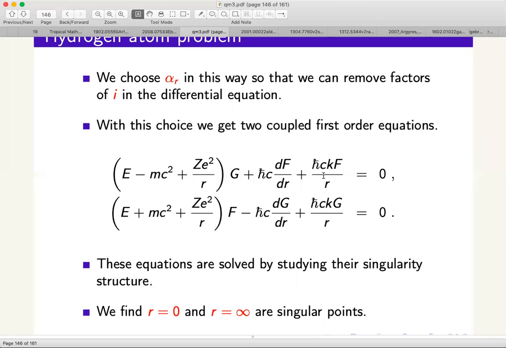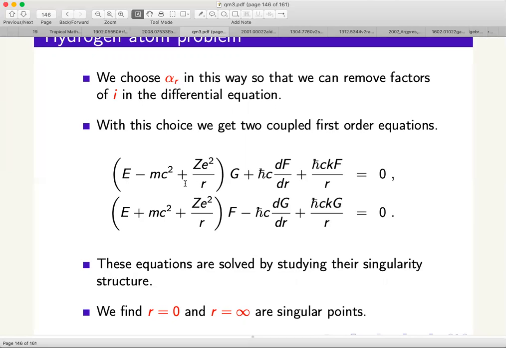Yes, sir. So if these functions are well behaved at a particular singularity when you multiply them by 1 power, and I'm multiplying by 1 power because it's a first order equation, and if you find them to be finite quantities, then you say that this singularity is a regular singular point. That is the name.